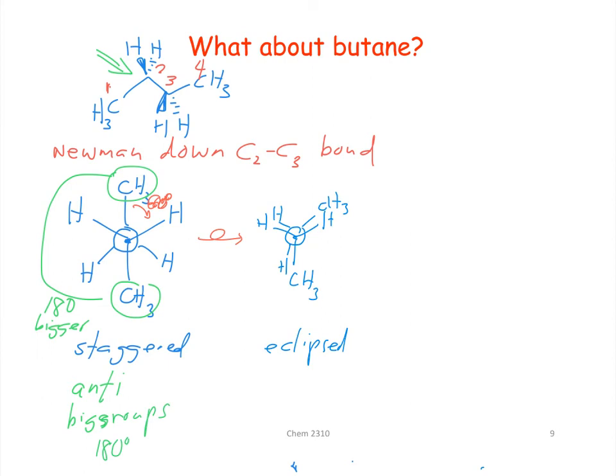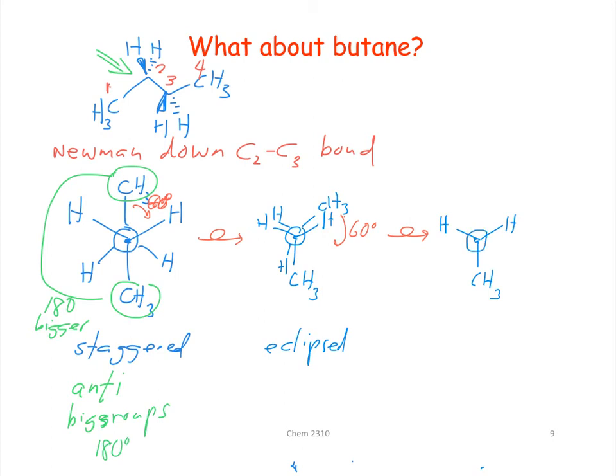Okay, let's do it again. I'm going to rotate this another 60 degrees, the one in the back. And so we'll draw it again. The one in the front stays the same. All right, the one in the back.